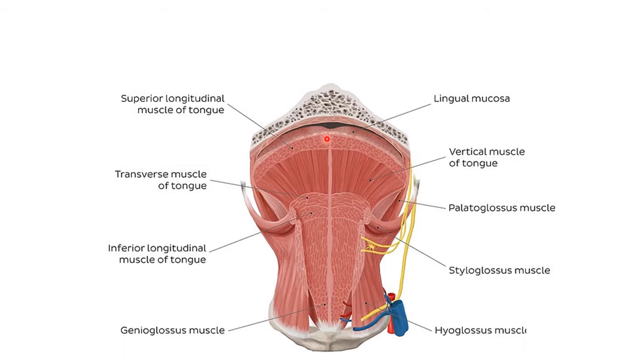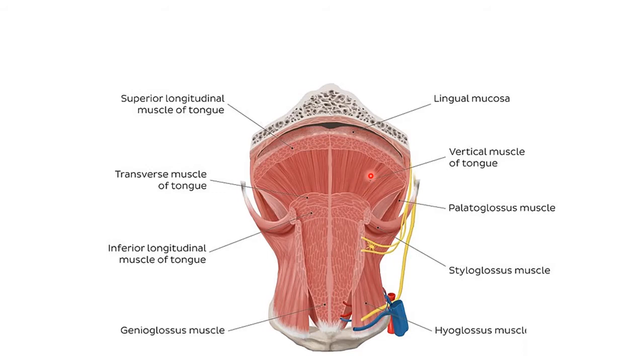The tongue is divided into two symmetrical halves by a median fibrous septum. Each half of the tongue contains 4 intrinsic muscles and 4 extrinsic muscles. The 4 intrinsic muscles are the superior longitudinal, the inferior longitudinal, the transverse, and the vertical.